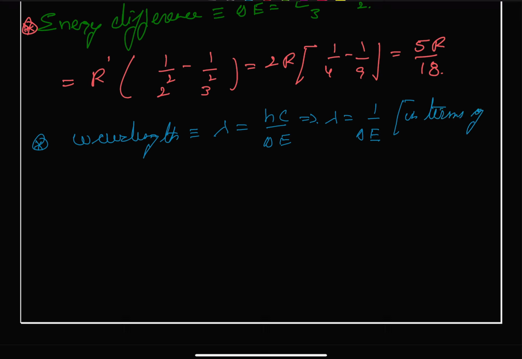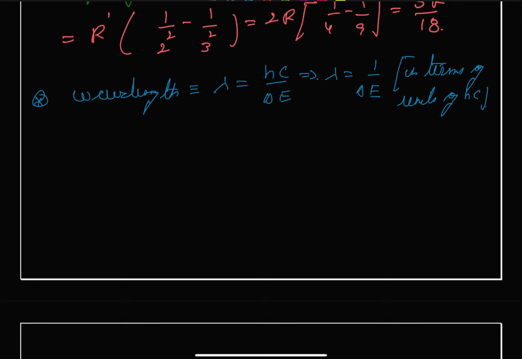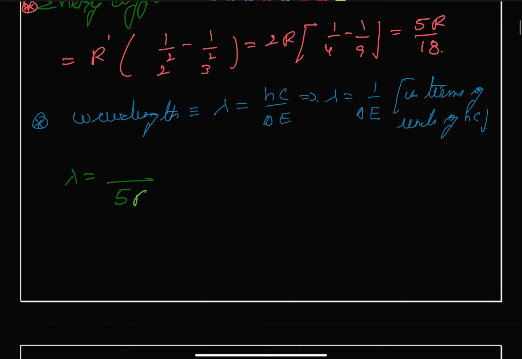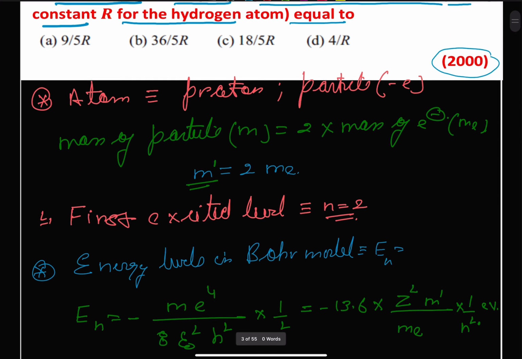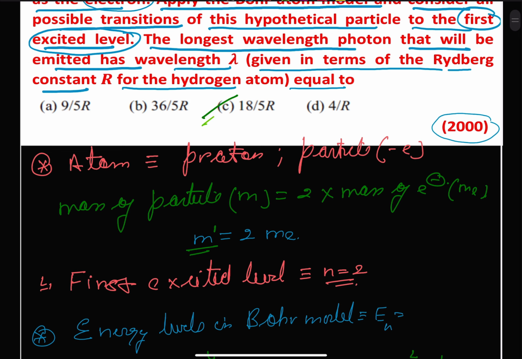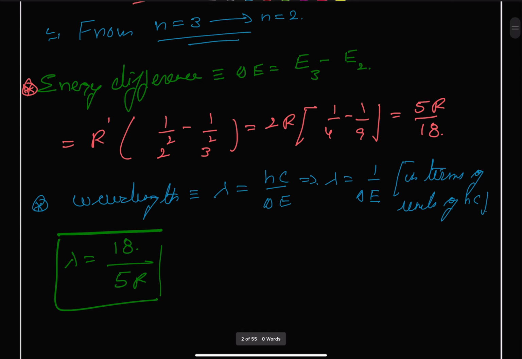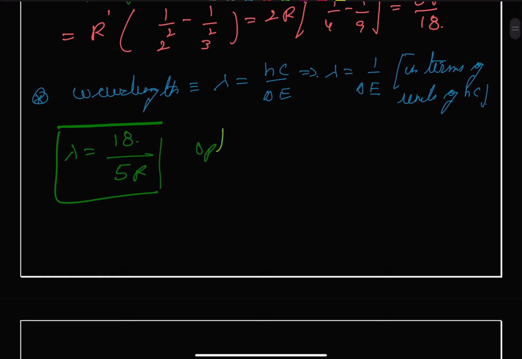So simply substitute the value of delta E, we get lambda is equal to 18 upon 5R. So this is our wavelength lambda. So option number C is correct. Next question.